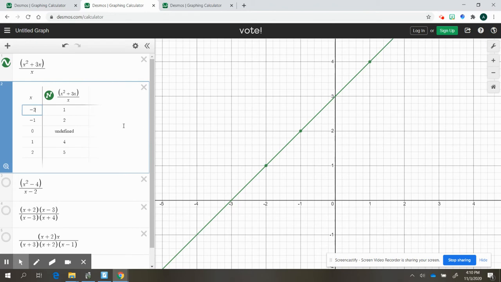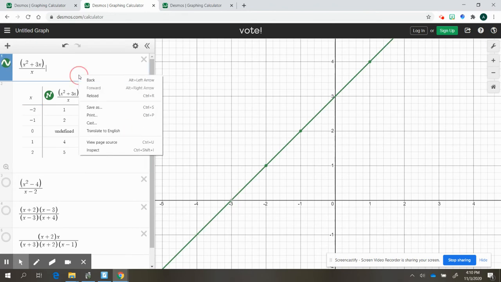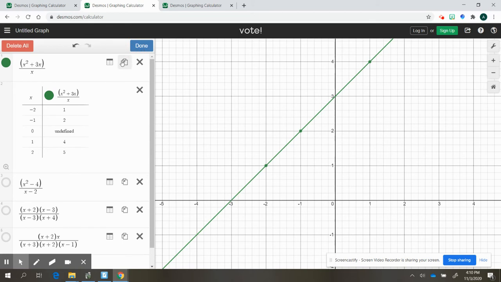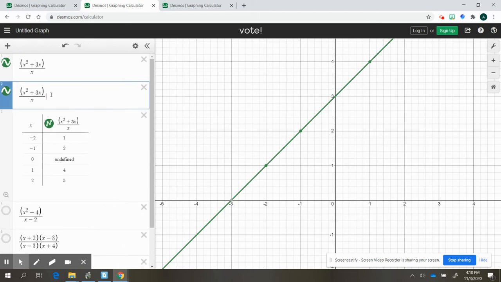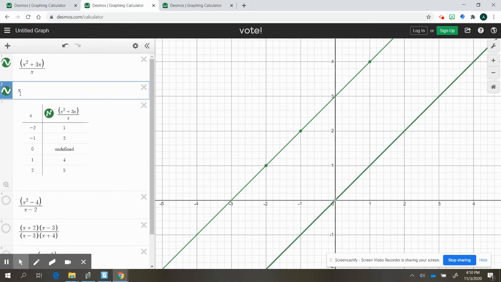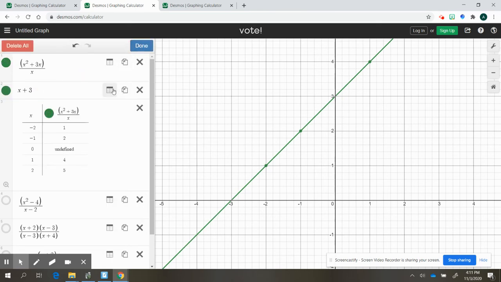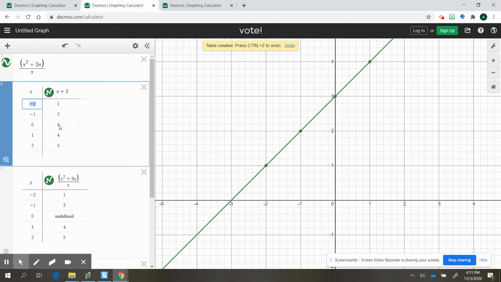Now, on our graph, if we were to simplify this, if we duplicated this and simplified here, and we just talked about x plus 3 being our leftover piece, this would not have a hole involved with it. If we made this into a table, we would see that at 0, 3, this would normally exist.